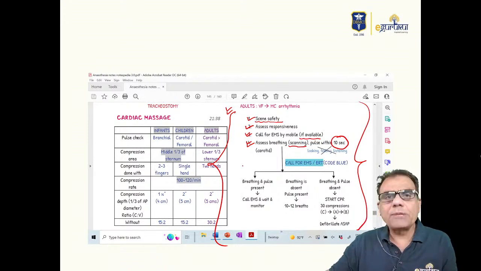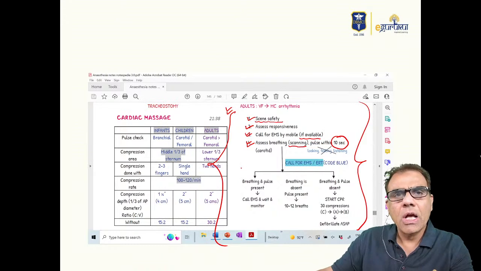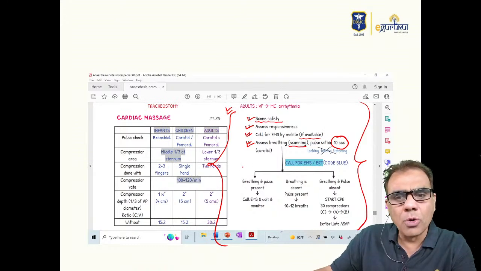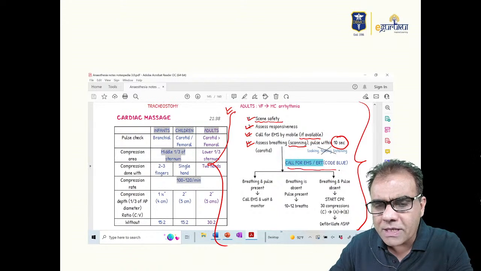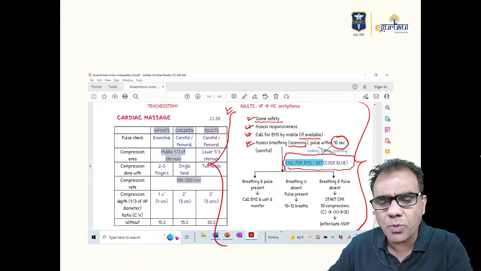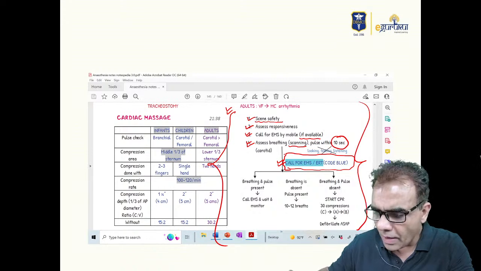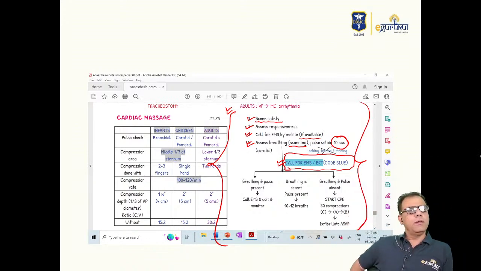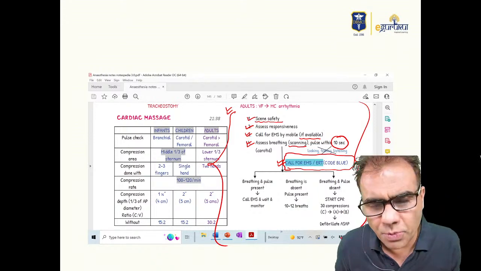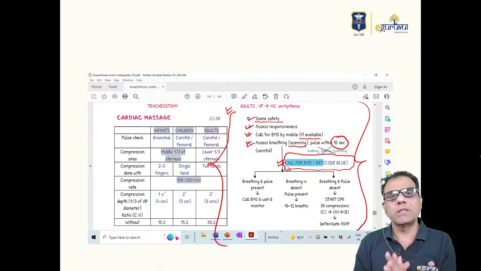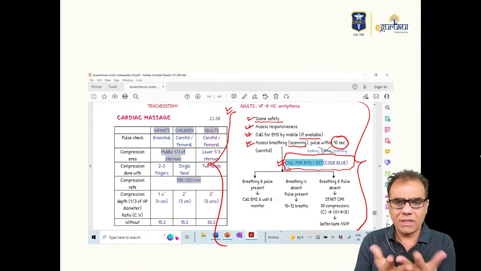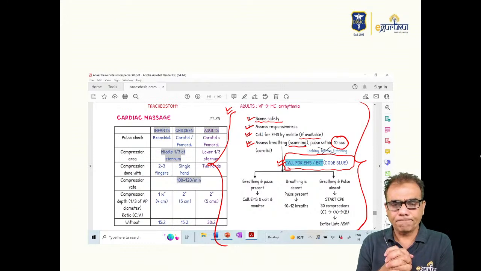So if the patient is pulseless, breathless, or both, now you have to call for emergency medical services or the emergency response team by calling the helpline number. In the West it is 911, but in India, for the last 7 or 8 years, we are hearing that the government is bringing an emergency response system like Western countries, but still I didn't see any advancement.